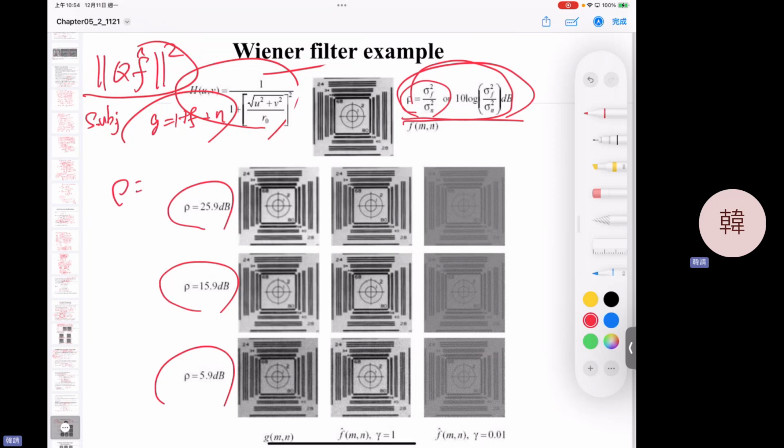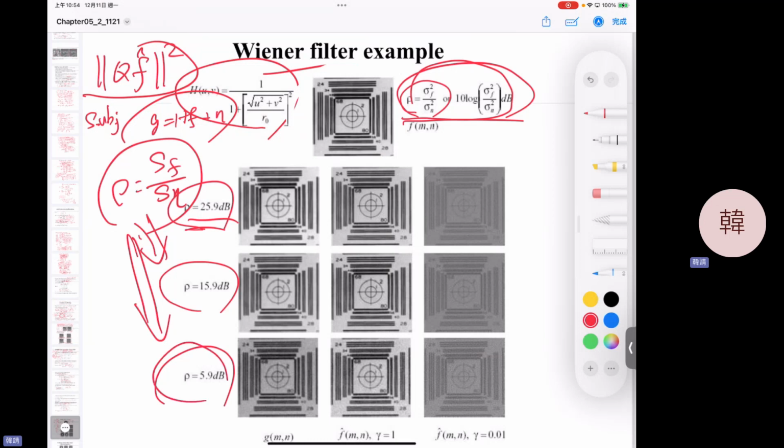Remember, rho equals Sf divided by S eta, the signal to noise ratio of the power spectrum. So they are different signal noise ratios for three conditions. When it's higher, your noise is not so much, because signal to noise is a larger dB, which means the noise is small. If rho is smaller, your signal to noise ratio is very small, which means you have a large additive noise.